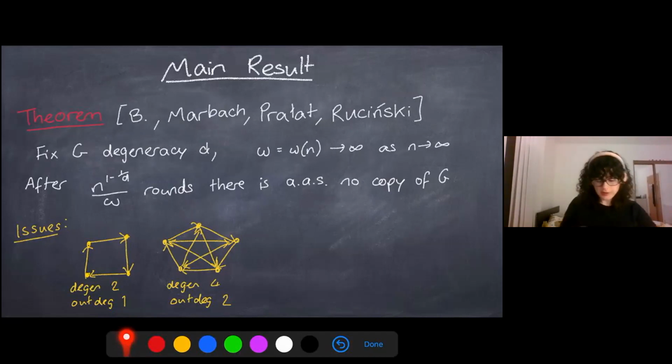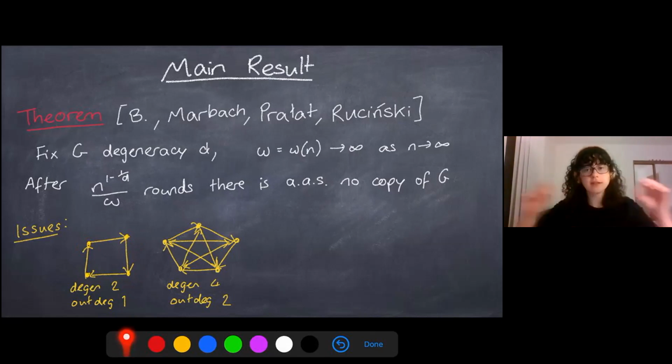So here are some examples. This 4-cycle has degeneracy 2, but suppose it was constructed in this way. I've drawn these directed arrows, and you should think of the out end as where the random process landed, and the in end as where the player chose the vertex.